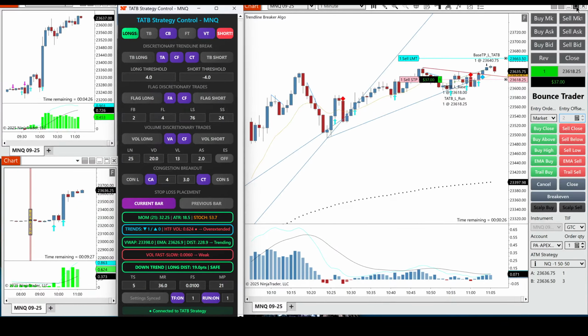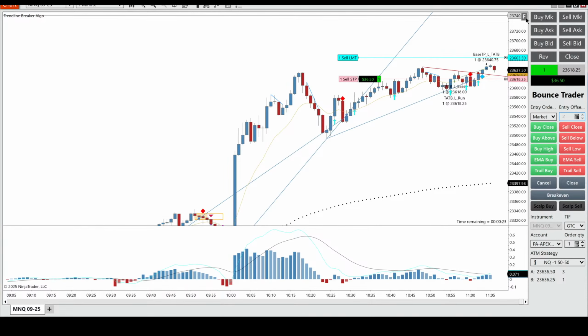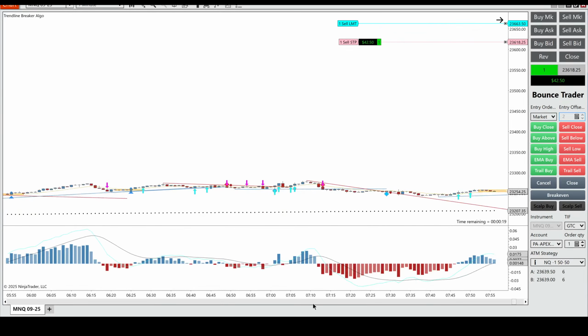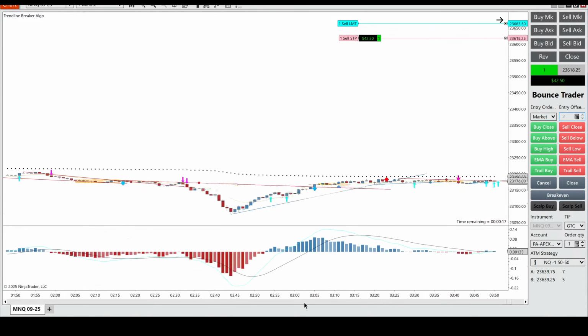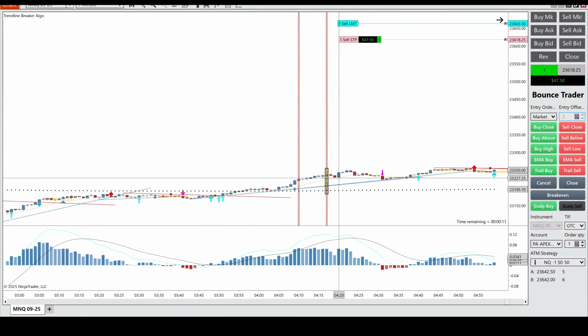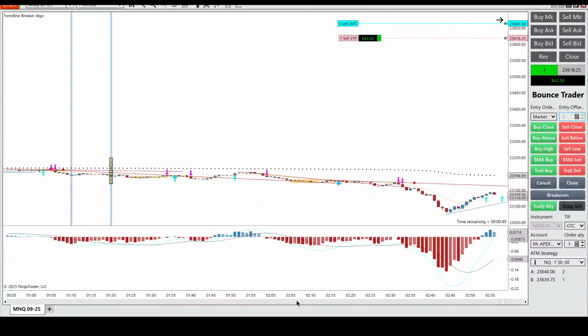Let's find a bearish divergence. Like this is a bearish divergence. Price makes a higher high, but volume makes a lower high. And of course this is not session prime time.